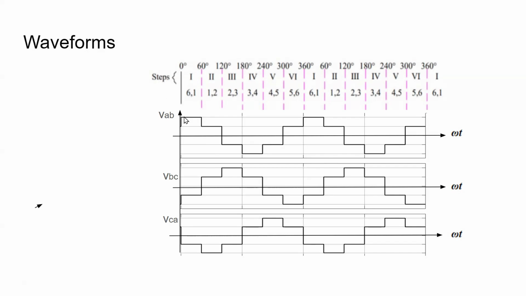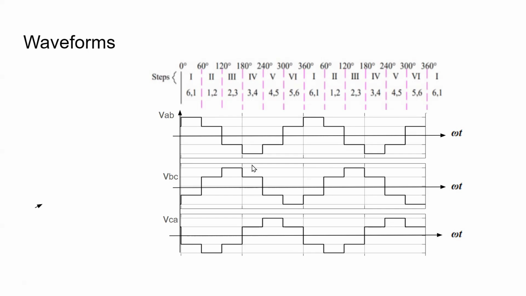So for mode 1, VAB equal to plus Vs. At the same time, VBC is equal to minus Vs by 2 and VCA is equal to minus Vs by 2. And for mode 2, VAB is plus Vs by 2, VBC is equal to plus Vs by 2, and VCA is equal to minus Vs. For mode 3, VAB equal to minus Vs by 2, VBC is plus Vs, and VCA is equal to minus Vs by 2.